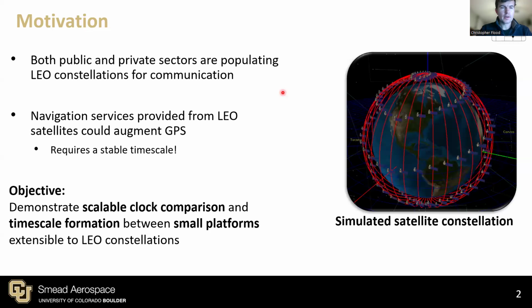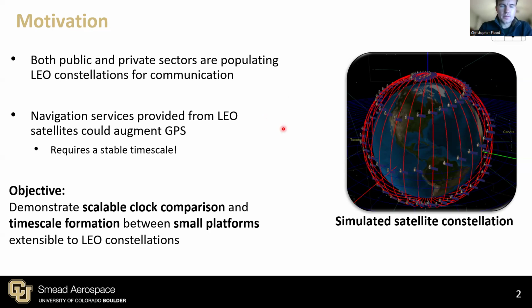Now, there are also investigations into whether or not navigation services can be provided from low Earth orbit to augment the global positioning system or other global navigation satellite systems. Any navigation service requires a stable timescale to which ranging measurements are referenced, and the formation of this timescale is the focus of this paper.